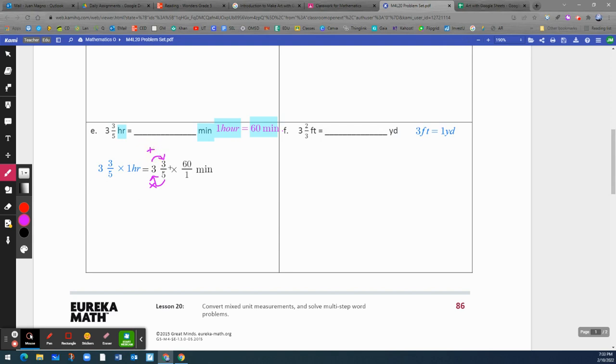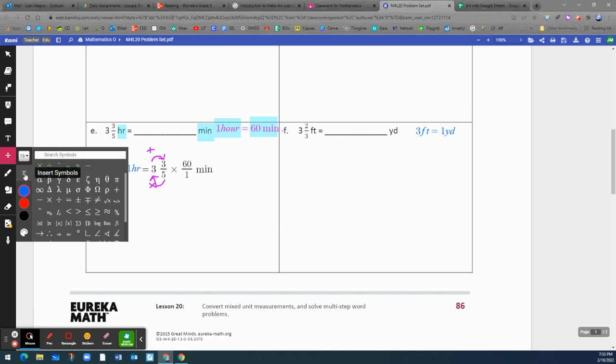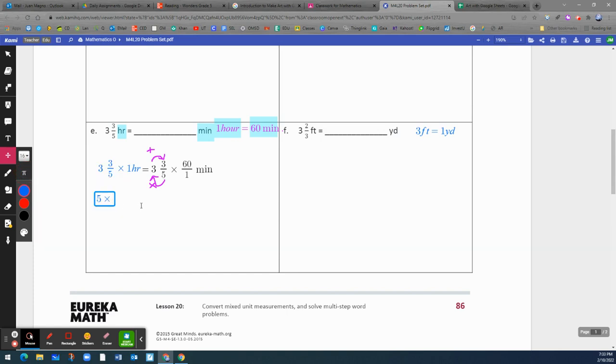All right, let me demonstrate. So it's going to be 5 times 3 plus the numerator. The numerator is 3. Okay, and the answer will be, we know that 5 times 3 equals 15 plus 3 equals 18.